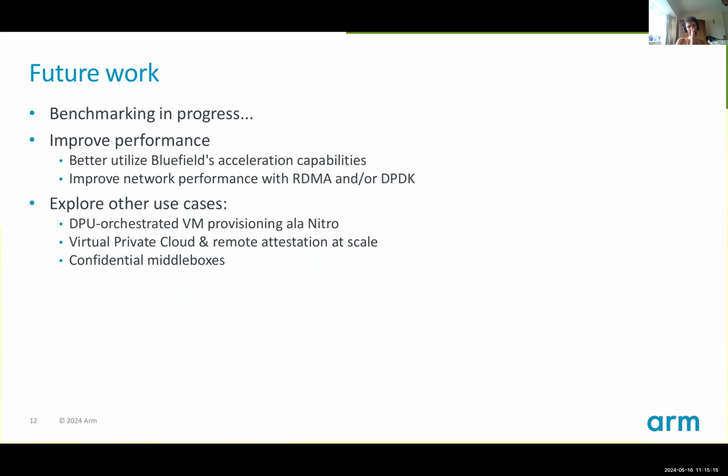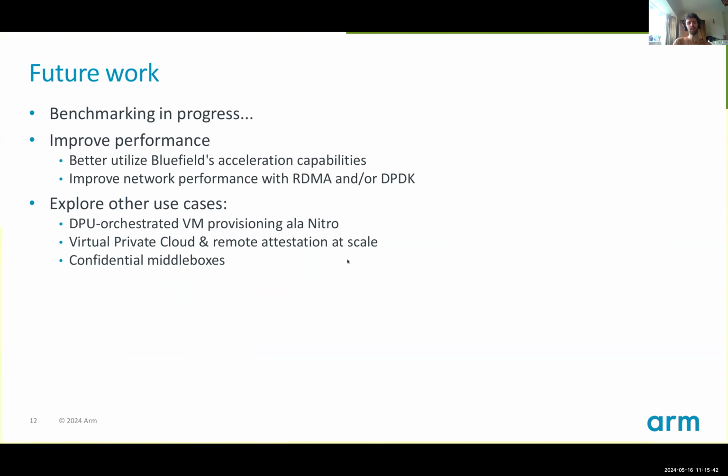So in terms of future work, we'd love to finish this benchmarking, and we're looking forward to exploring other use cases around DPUs. We really want to explore what software orchestration would look like if the DPUs are orchestrating, something a bit similar to what AWS Nitro is doing.